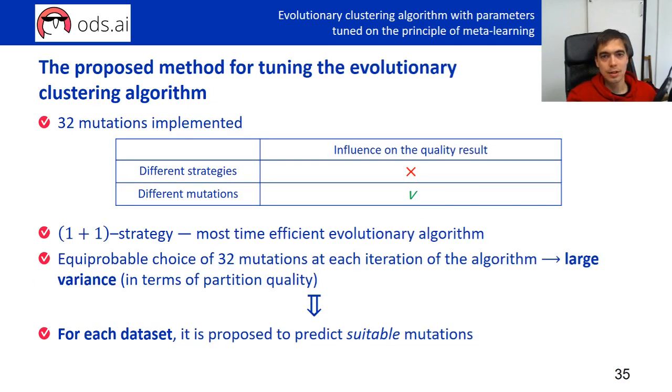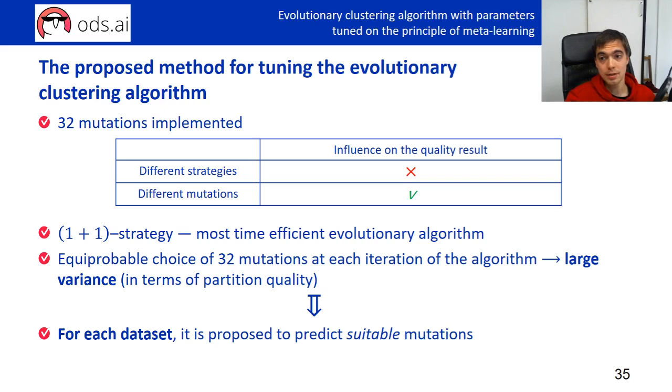So next, let's consider the suggested tuning method. In our work, we implemented 32 mutations, and after some experiments, we found out that the final quality of the resulting partitions is due only to the choice of mutations at each iteration, but not the strategies.